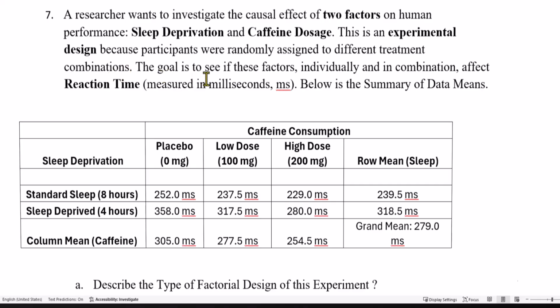The goal is to see if these factors individually and in combination affect the reaction time measured in milliseconds, or ms, and below is a table which gives us the means of the reaction time with the combination of different levels within each factor, or within the two factors really.